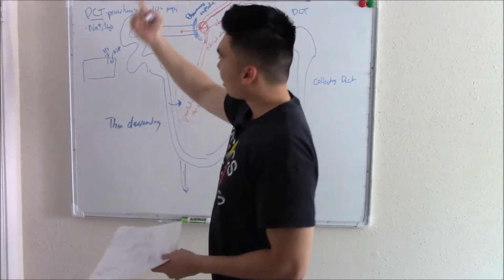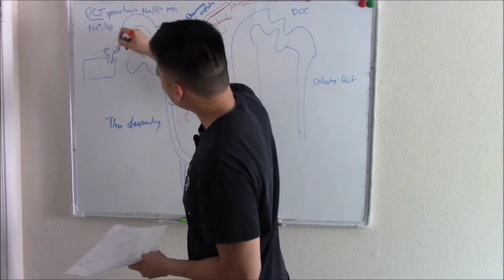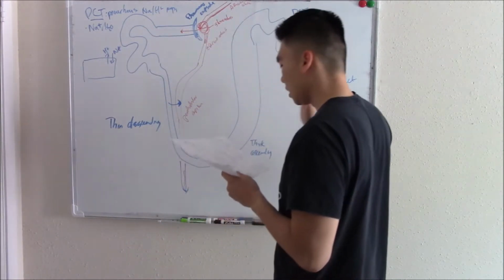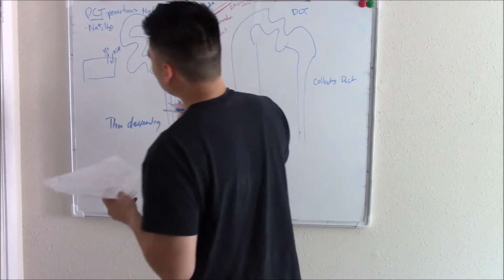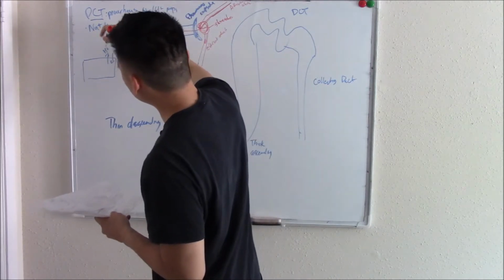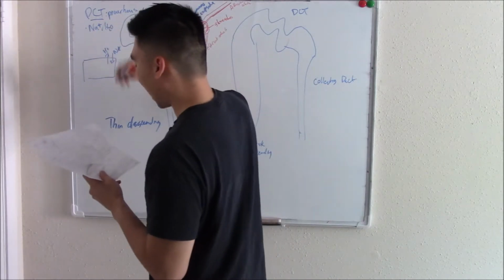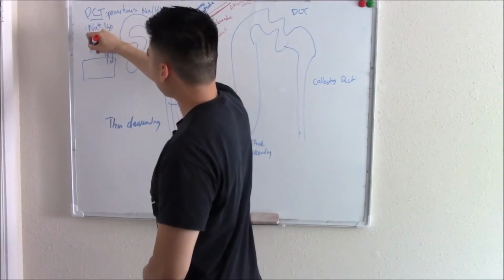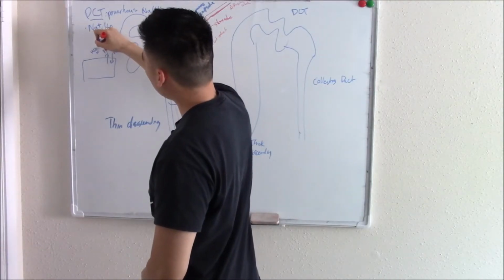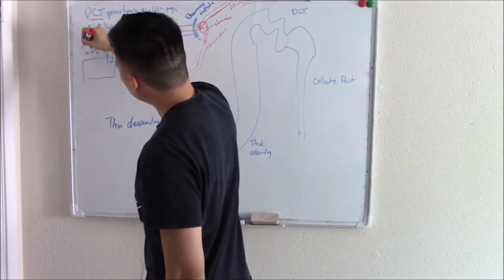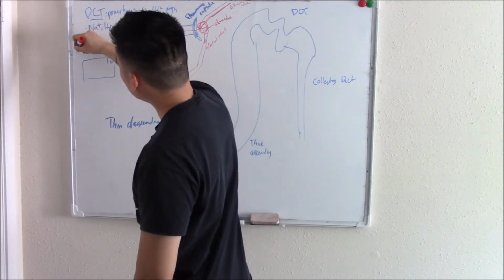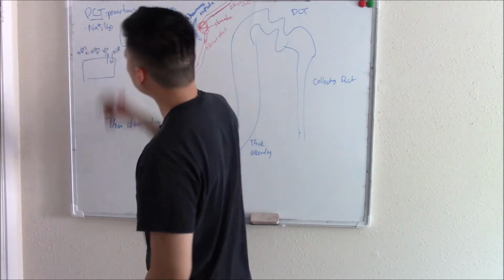So pump out hydrogen, reabsorb sodium. Well, we don't want to just have this hydrogen flying out willy-nilly. So hydrogen combines with bicarb, HCO3, and that will make carbonic acid, H2CO3.